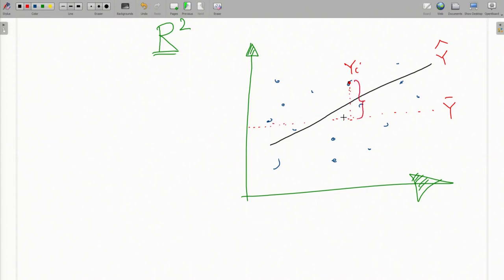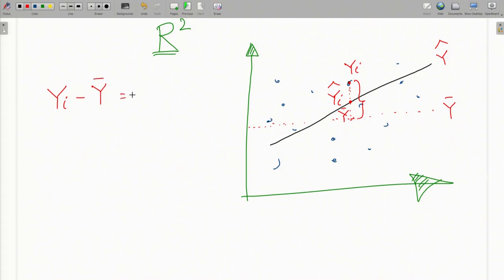I can write this point as yi hat, because I am talking about this particular yi, and this is of course my y bar, the same value along the line. The total deviation from the mean line is going to be yi minus y bar.